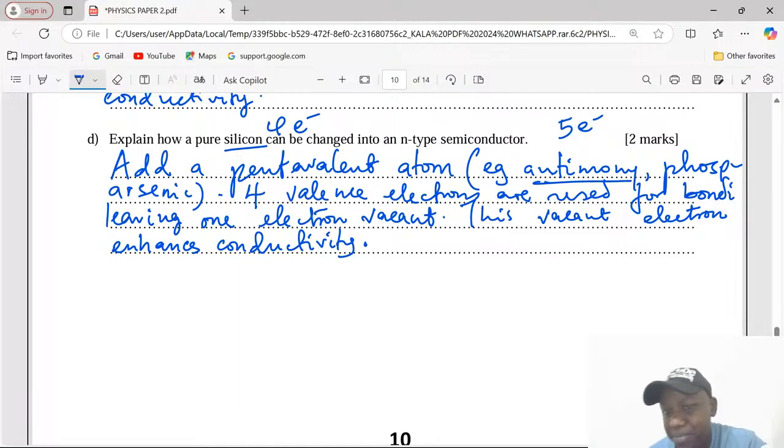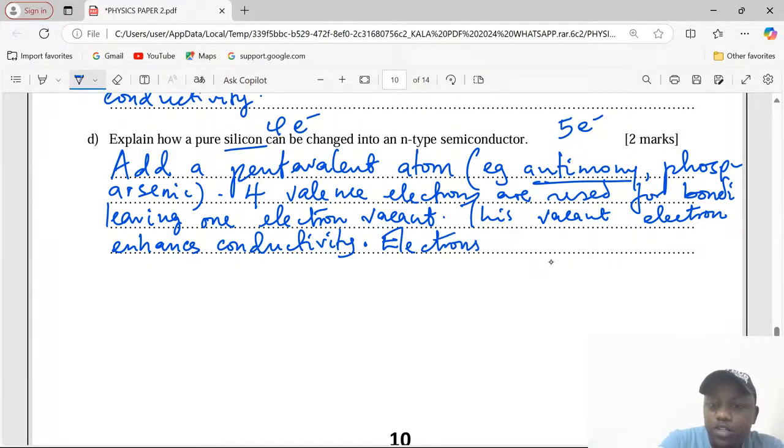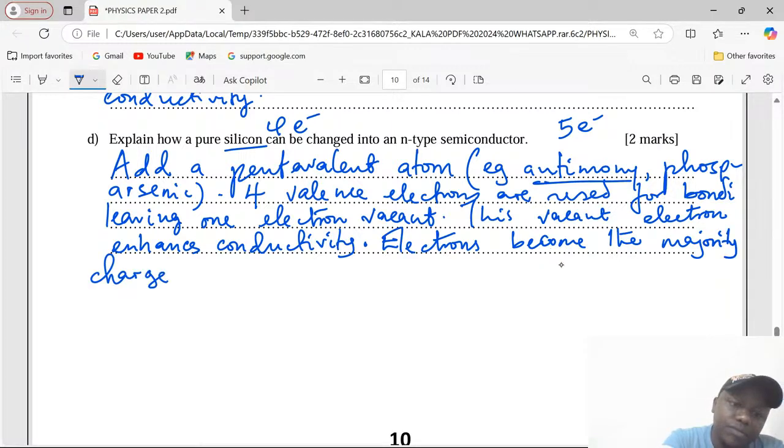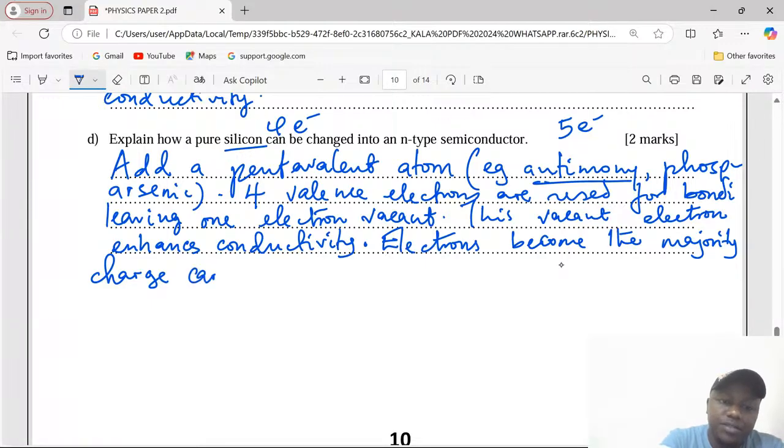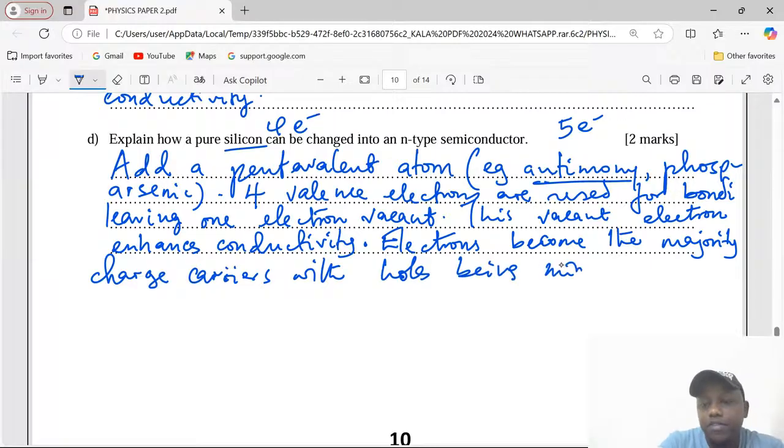Why is it becoming n-type? So electrons now become the majority charge carriers, with holes being minority.